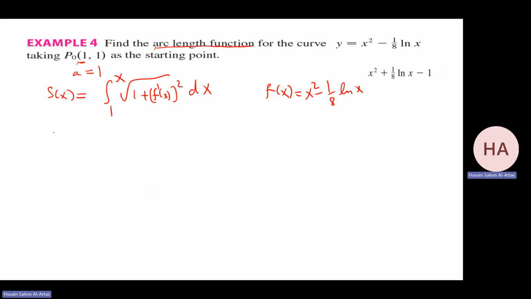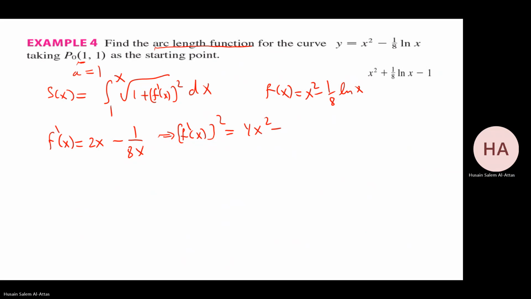Let me see what will happen with f prime. F prime will be what? 2x minus 1 over 8x. F prime squared will be what? 4x squared, minus 2 times this, which will be 4x over 8x, which is half, plus 1 over 64x squared.